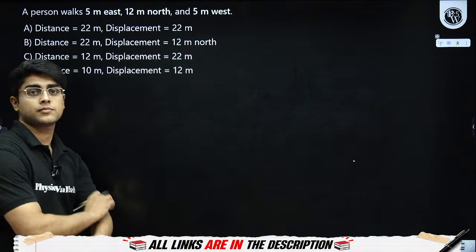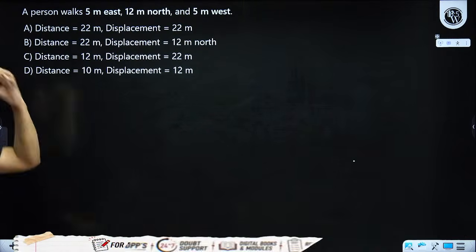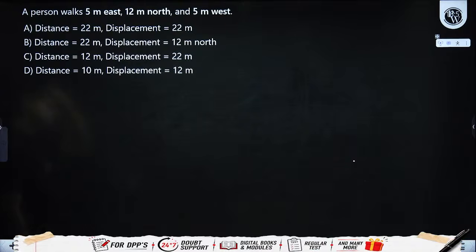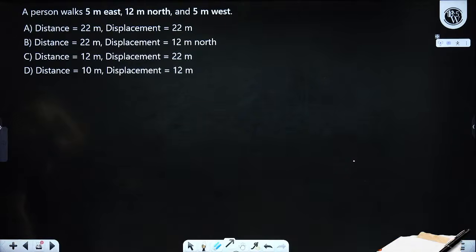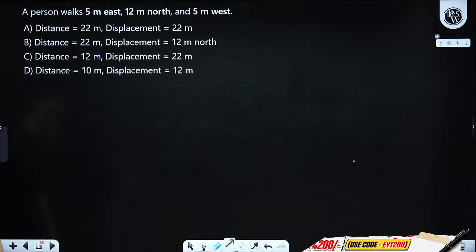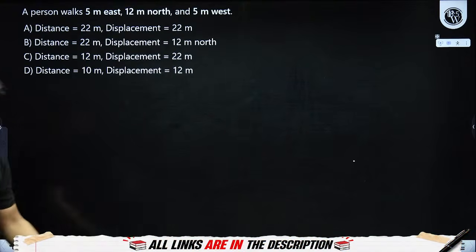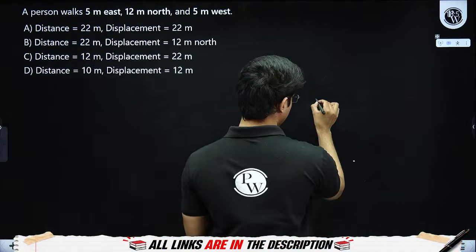Okay, try this question. So here, how will the diagram look like? 5 meters to the east.